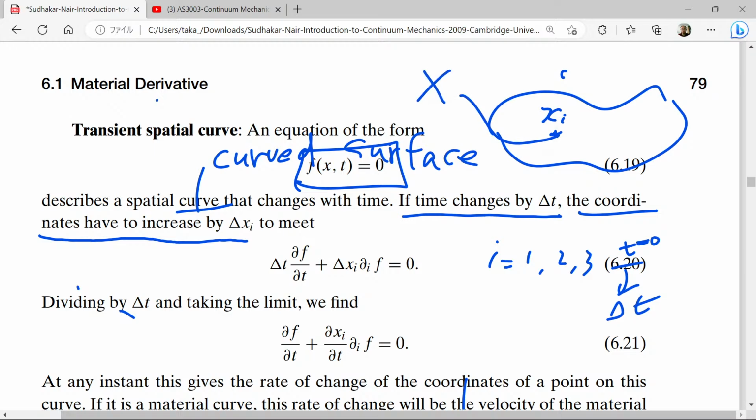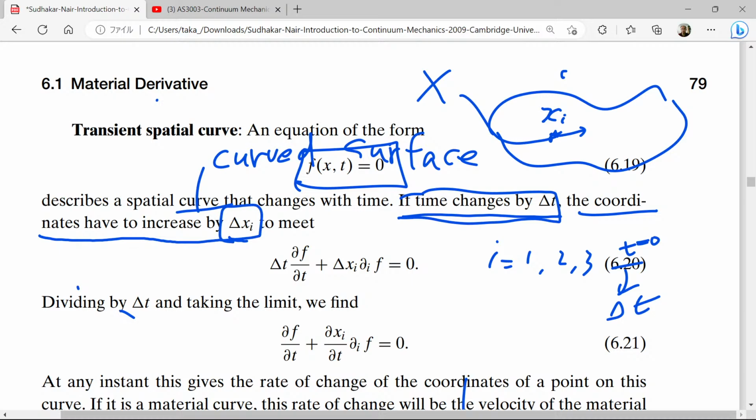This is the same particle, okay. So if time changed by delta t, this particle moves by delta xi.